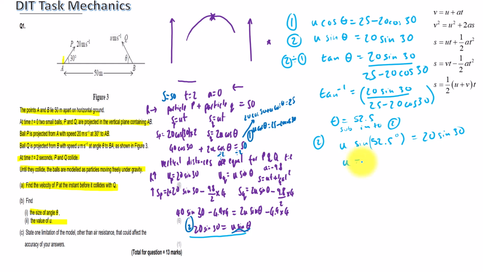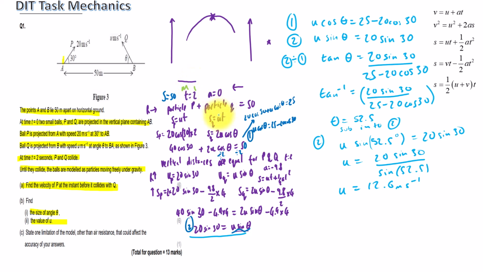Rearrange for u equals 20 sine 30 over sine 52.5, and you should get a u of 12.6.